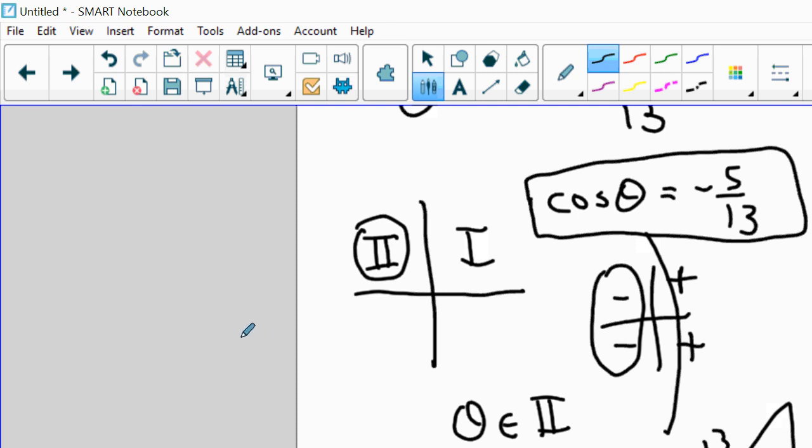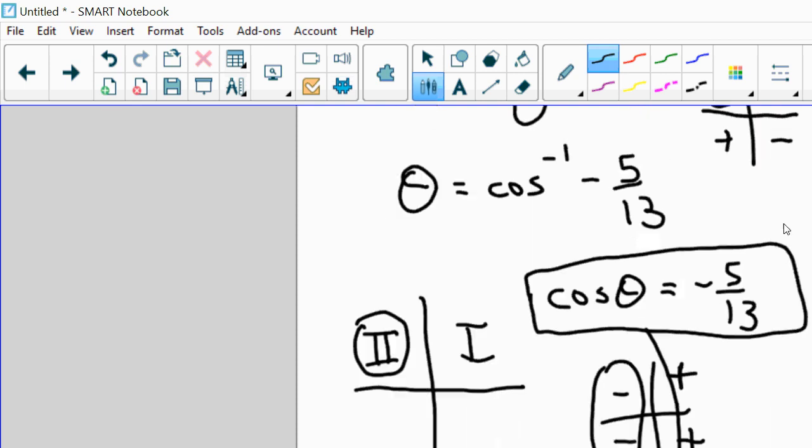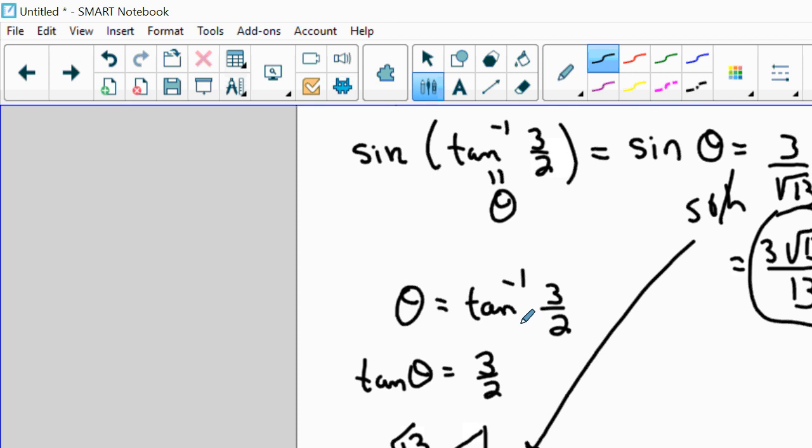And we know tangent, this is theta ref. Theta ref is TOA, 12/5, therefore negative 12/5. The book has their way too, but you're way safer with reference angles. You'll know what quadrant you're in.